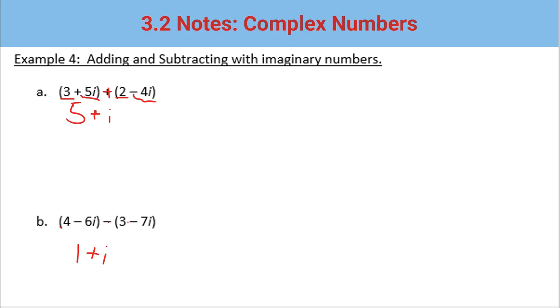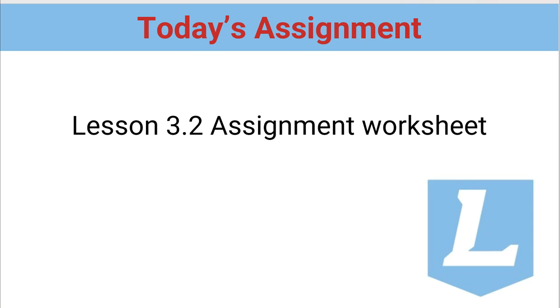Anytime we would have multiplying with imaginary numbers, right, we would just use the same strategies we would use with any other multiplication. So let's look ahead at number 9 on your assignment. Number 9 says 3i times negative 2i times 5i.